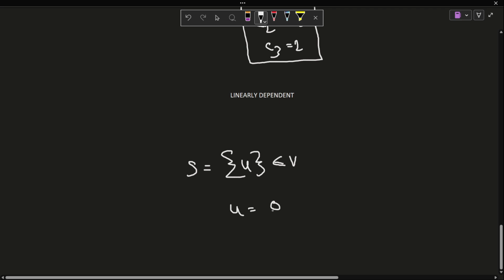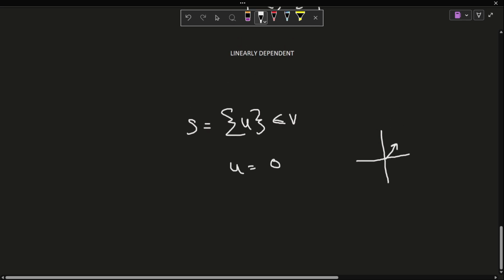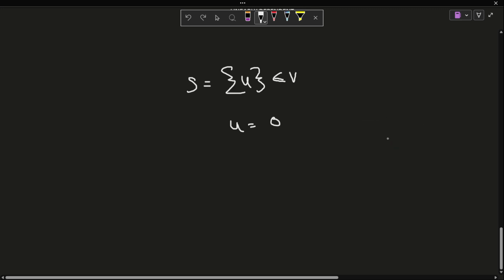Because unless it's 0, you can't multiply the vector to make itself by a non-trivial amount, basically.